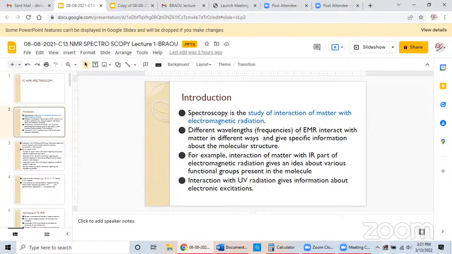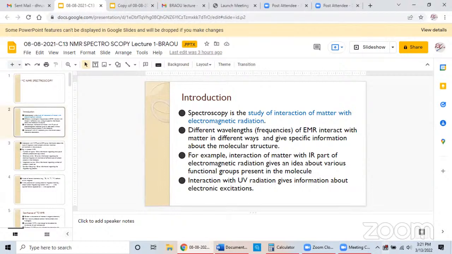This you have studied in your first year. Similarly, the NH2 group will have a specific IR frequency and wavelength. Similarly, OH also has different frequencies and wavelengths. So by observing the spectrum, you will be able to see what kind of functional groups are present in the molecule you are studying.